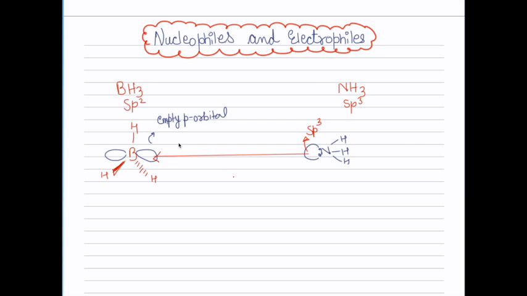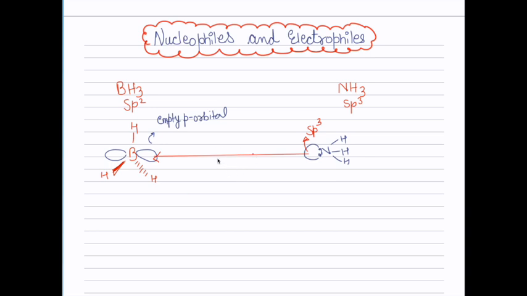With the help of this, boron completes its octet, and there is a sigma bond formation between them. What it does is decrease the energy of this lone pair, and hence the whole thing gets stability.